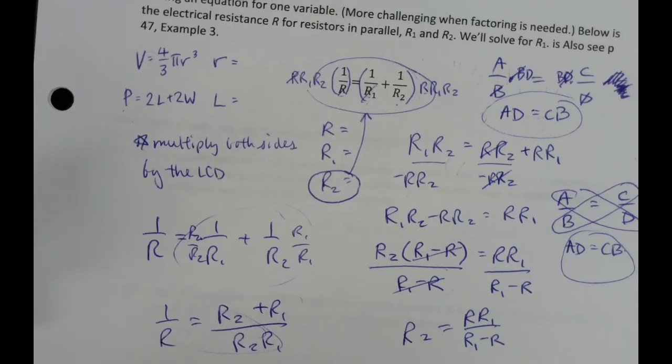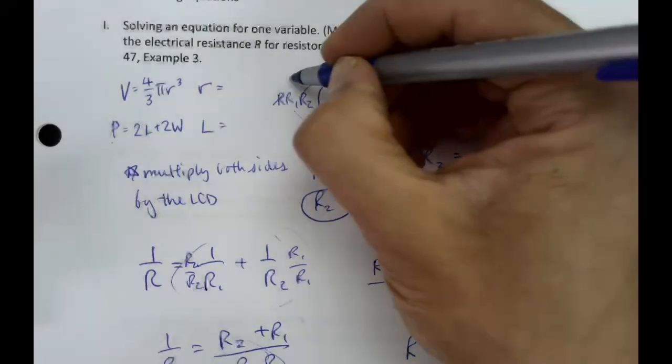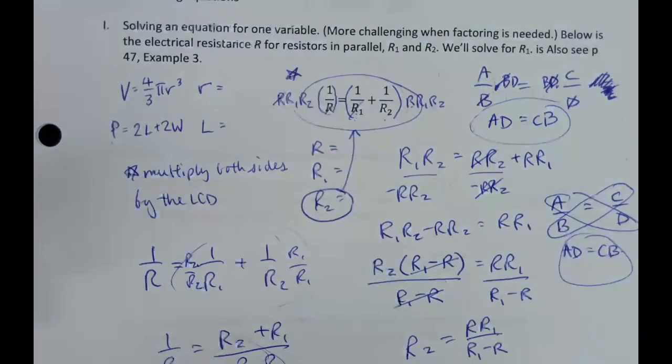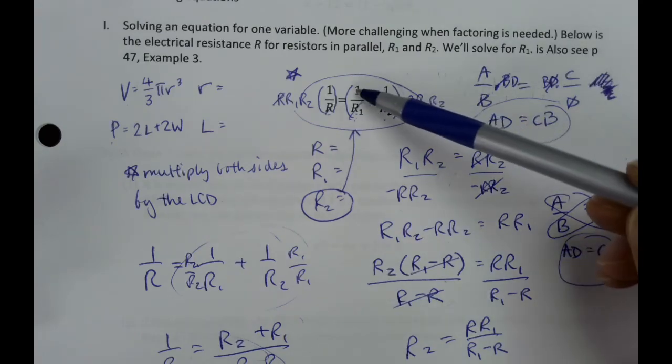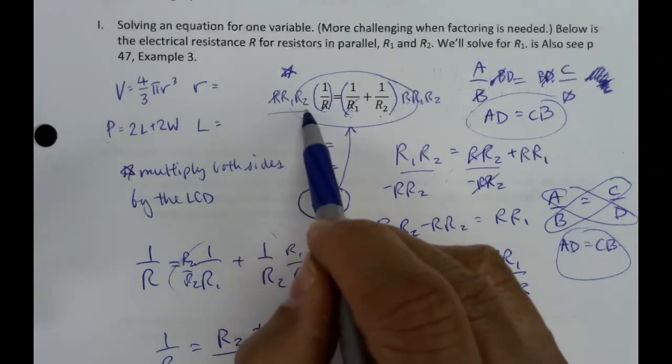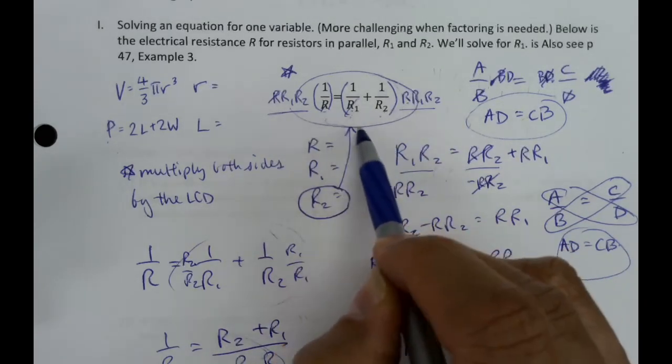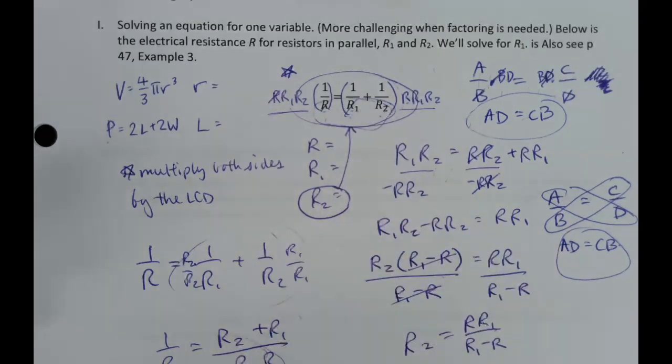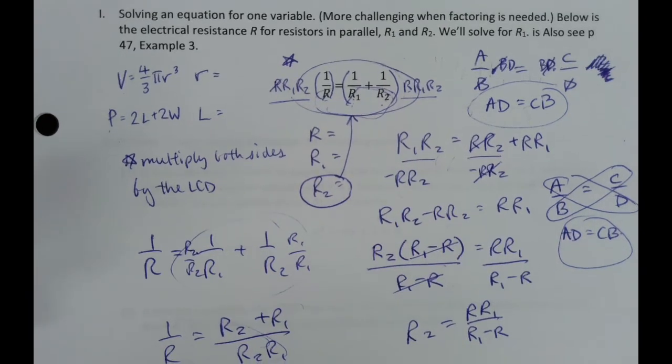But that's more work. So I commend to you this simpler method, which eliminates the step of having to combine that. Just go ahead and multiply. Look at your least common denominator for all of these and multiply both sides by that value.